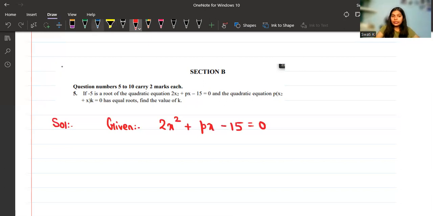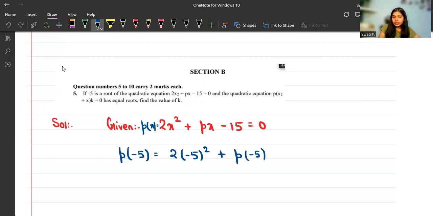That means minus 5 will satisfy this equation, right? X is minus 5. Because minus 5 is the root, x is nothing but minus 5. So this will become 2 into minus 5 whole square plus p into minus 5 minus 15, and that equals 0.